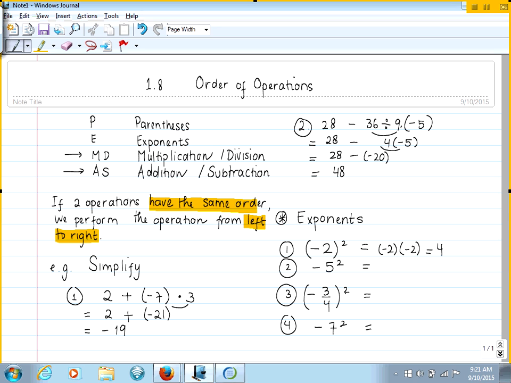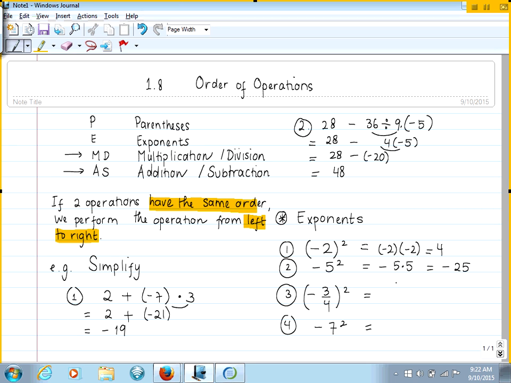Now look at this. This is negative 5 squared. So which one is being squared? Only the 5, not the negative. So this is negative 5 times 5. Right? The square applies first to the 5. So this is equal to negative 25. Alright. Good.